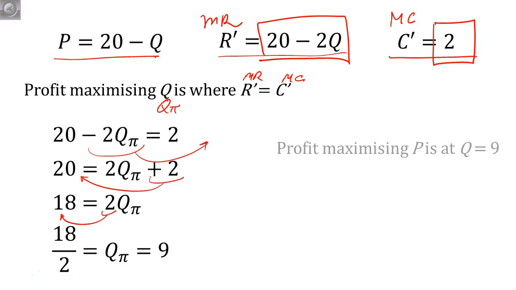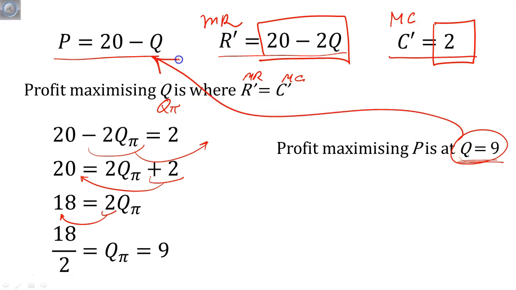But what's the profit maximizing price? Well, the profit maximizing price is whatever the price is at this profit maximizing output. So we can simply take that output and plug it back into this equation here to find what the profit maximizing price must be at that output.